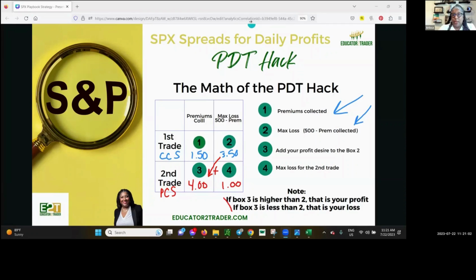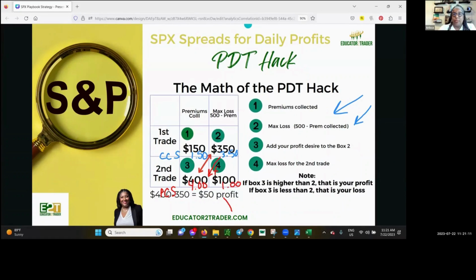I'll take a screenshot of this and make sure that we put it in a place where y'all can get it. I think I put all the numbers in this next slide, even though I just wrote them in there. Box number 1 was the premiums. Box number 2 was the max loss for that trade.